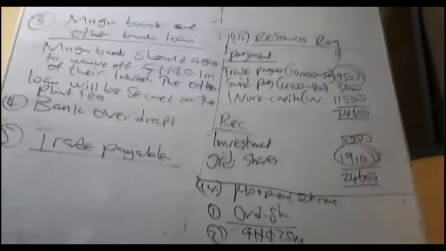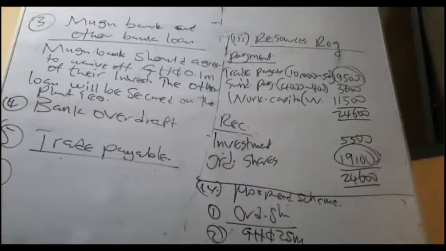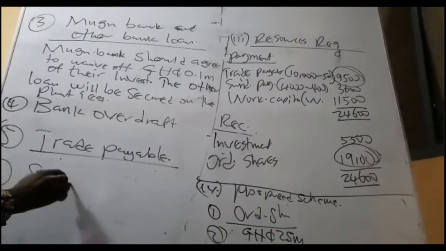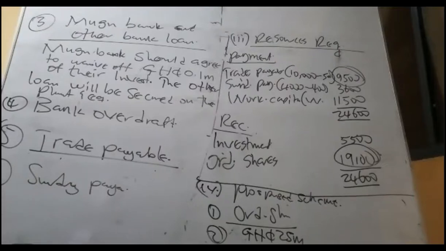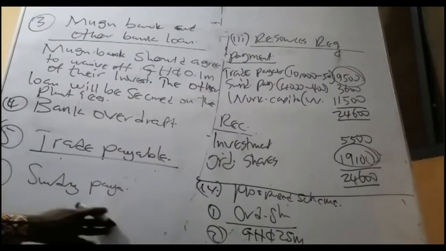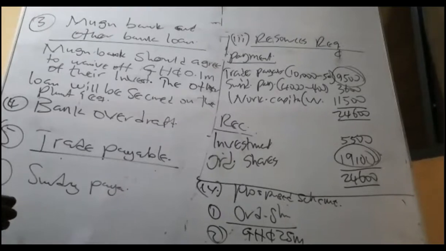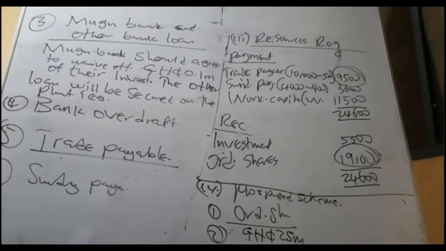Let's go to number 6. Number 6 will be who? Sundry payable. Tell them that sundry payable, we had 0.4.